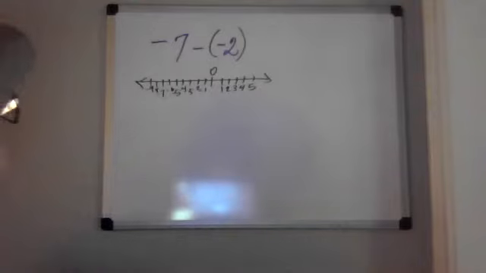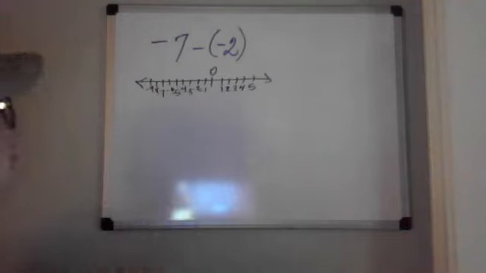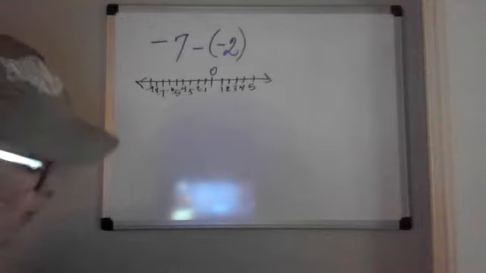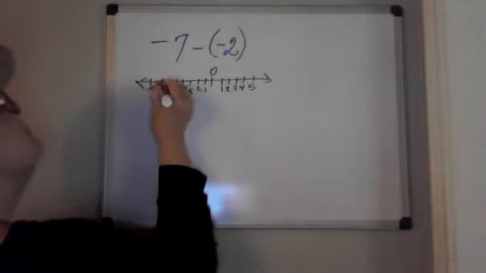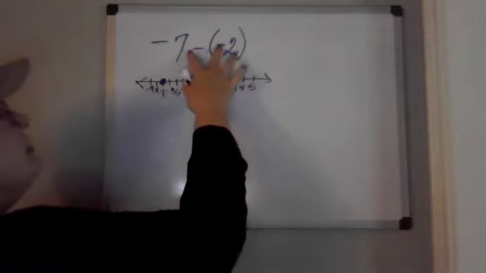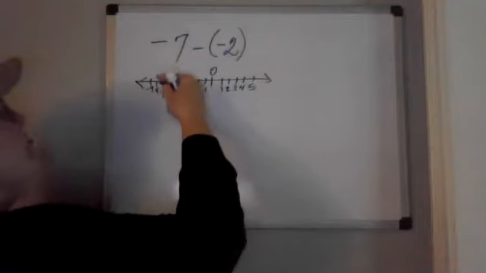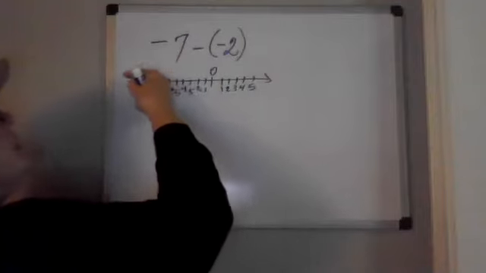Okay. So if we use the very same method we've been using all along, then we know that we're going to start at the -7. Now, this is something you have not seen. Minus, we found out, means I'm going to go in a negative direction, right?